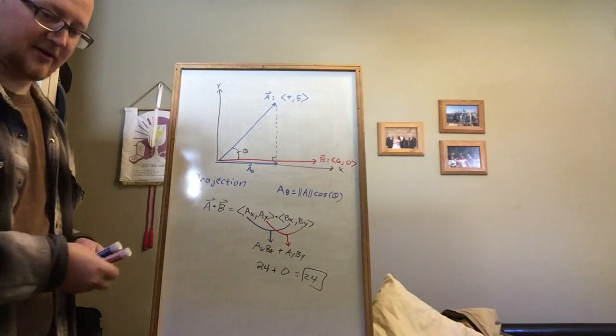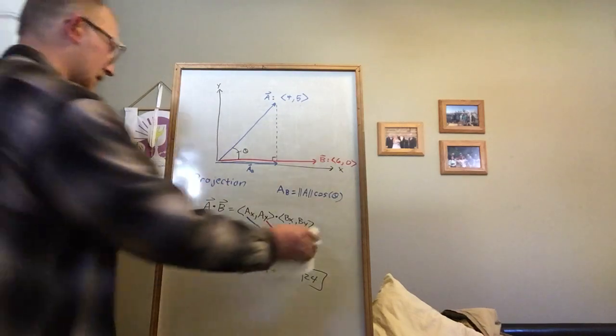So the last part we're going to do here is to prove that the dot product is commutative.